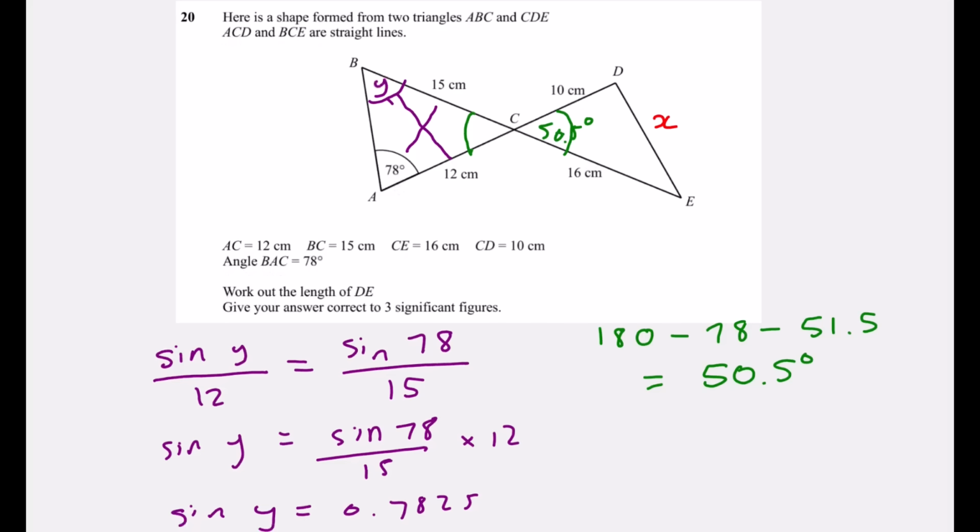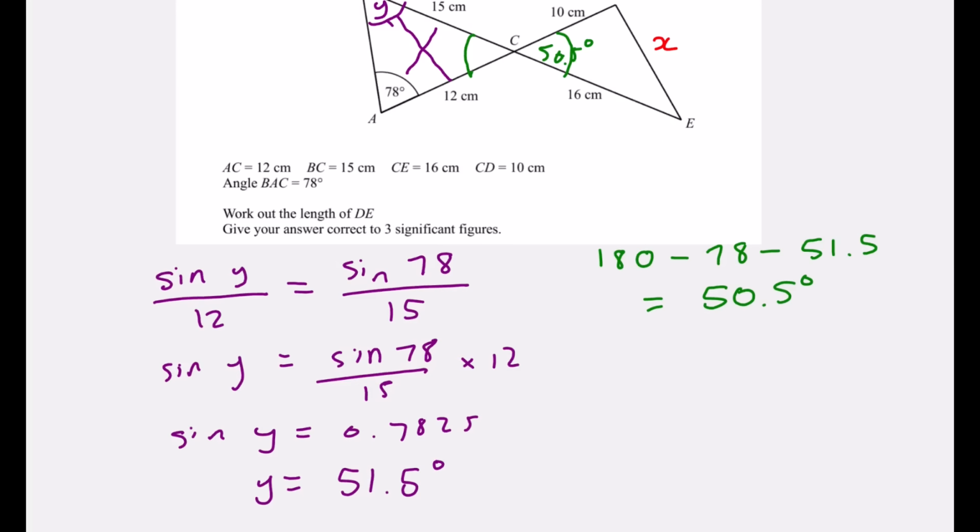And then we're using the cosine rule. So the cosine rule, a squared equals b squared plus c squared minus 2bc cos A. So this time that's x squared equals 10 squared plus 16 squared.